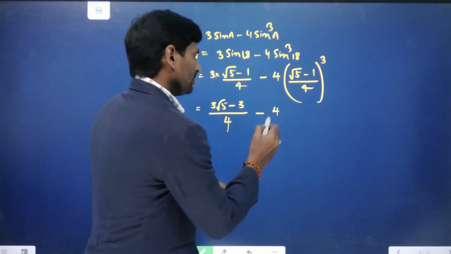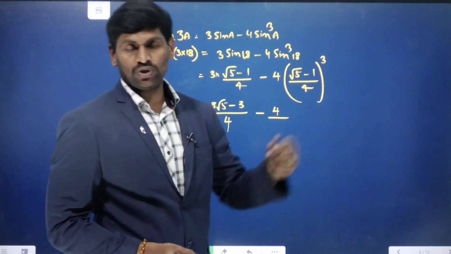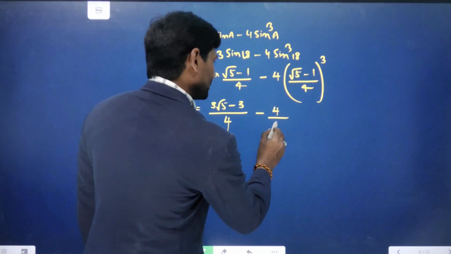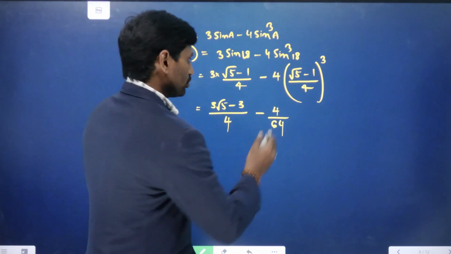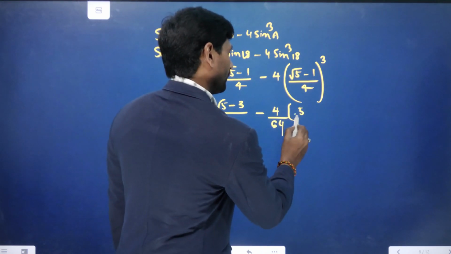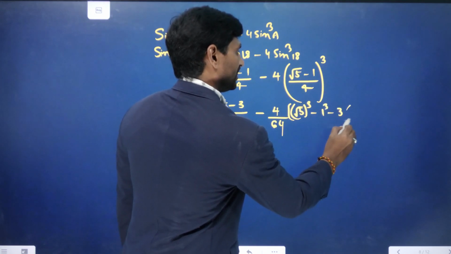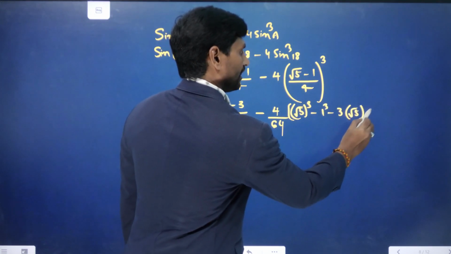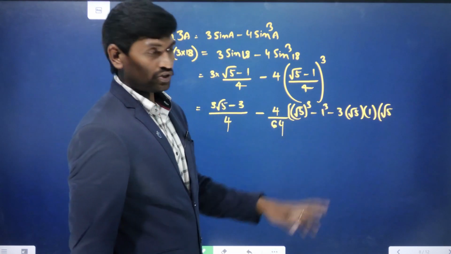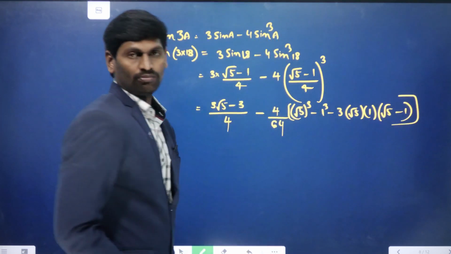Now in this one, the numerator is in the form of a minus b whole cube, but the denominator is in the form of 4 cube. 4 cube value is 64. So for the numerator I am applying the a minus b whole cube formula: a cube minus b cube minus 3ab into a minus b. Same formula I applied.